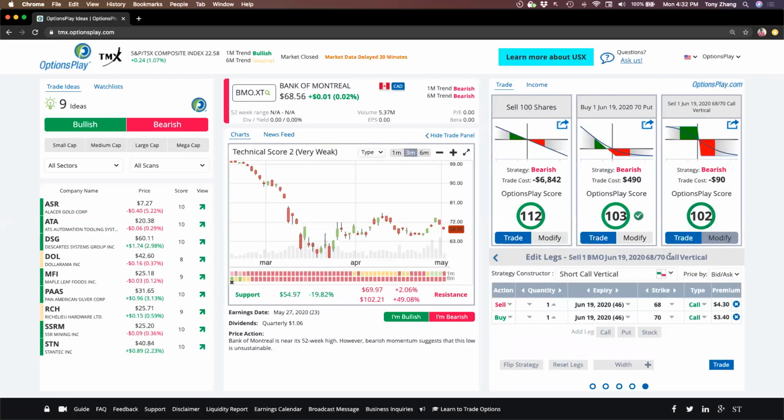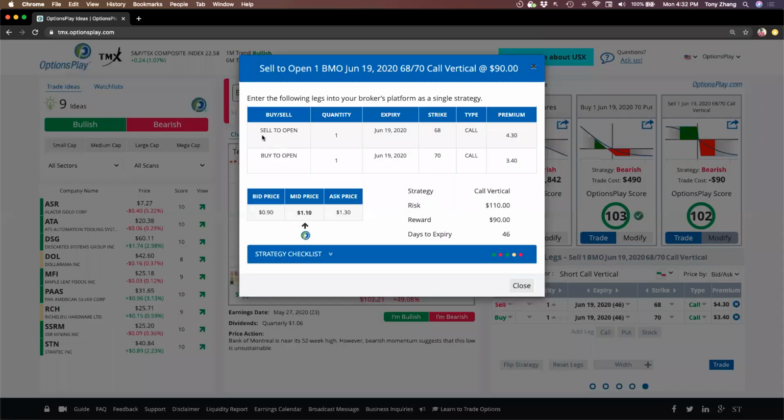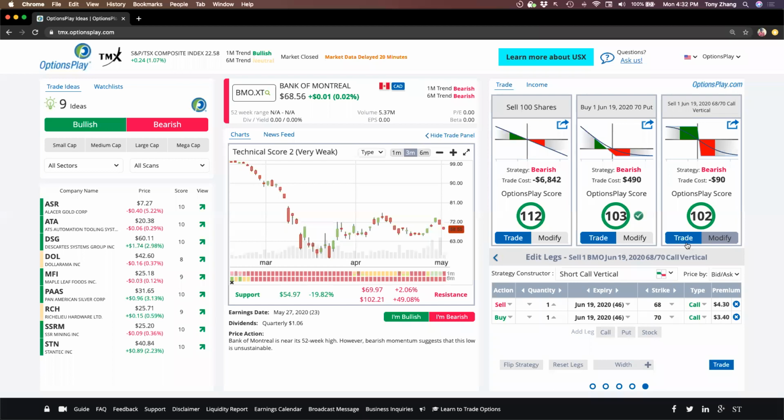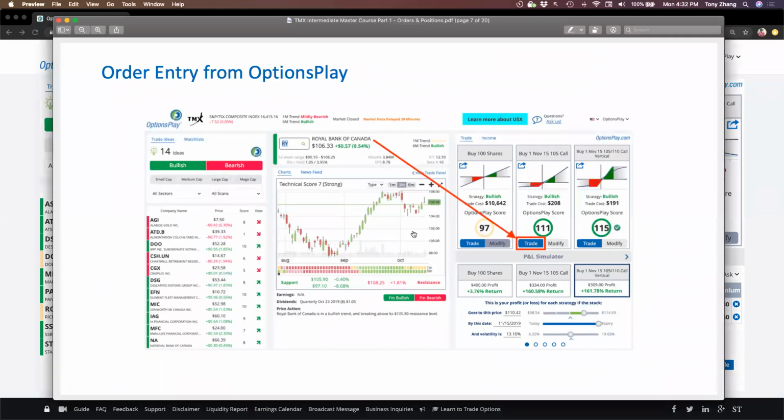So if you're selling a call vertical, a credit spread, there are quite a few different things that you need to account for. So make sure that you utilize the tool correctly by clicking on the trade button, and we'll provide you with the details on how to enter this trade into your broker's platform.